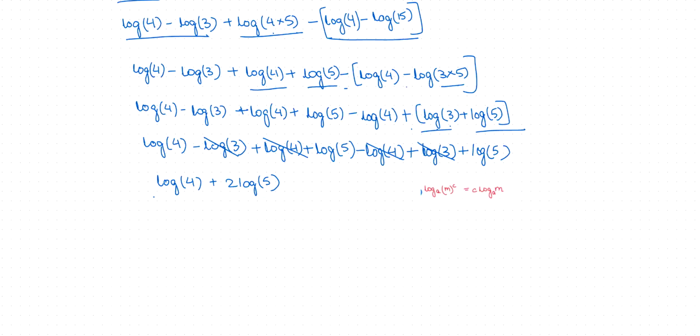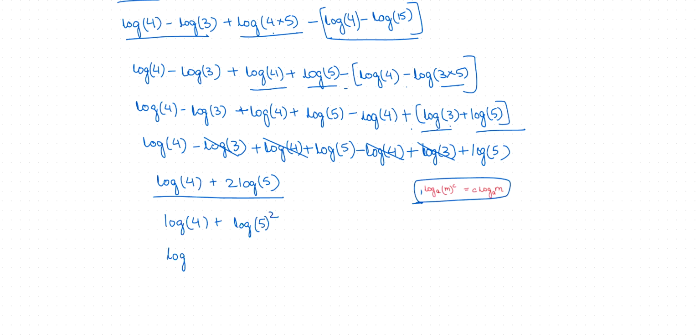Now we will use property number 2 as given here, and we can write log of 5 plus log of 5 as log of 5 square. Using this property, now you can use the product property.